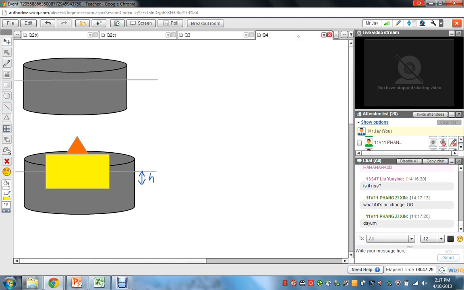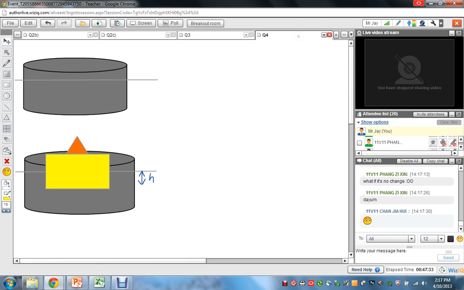Initially, I start with a cylindrical pond, and the water level is at a particular height. I don't care what it is.